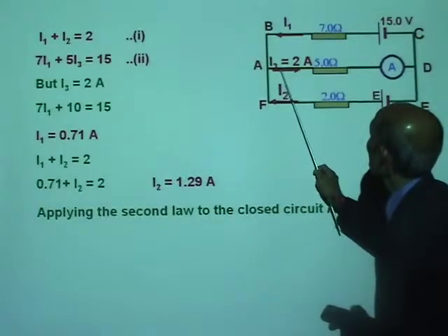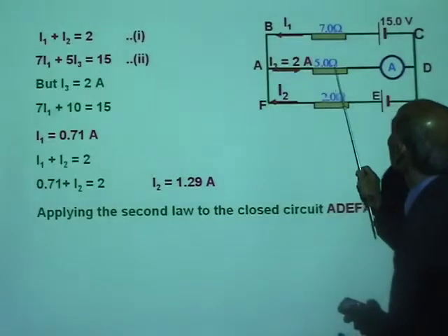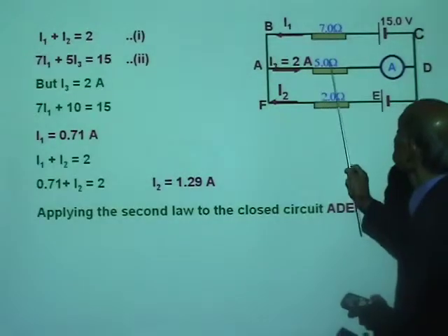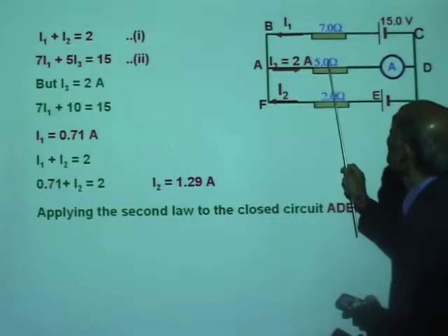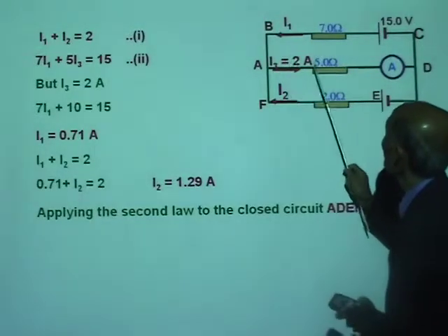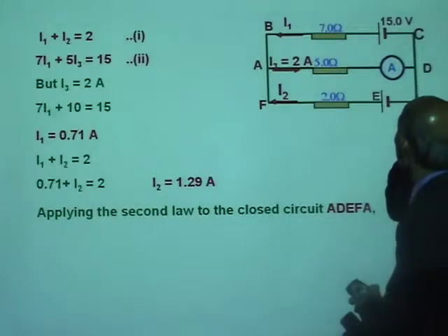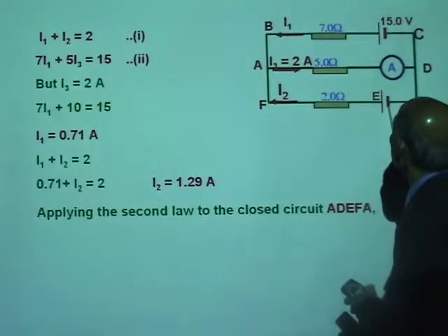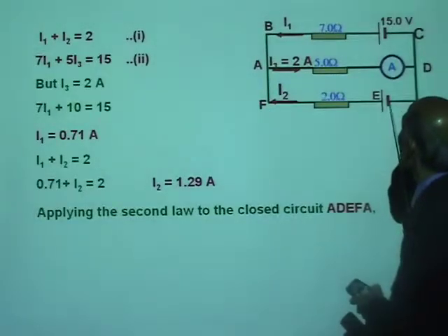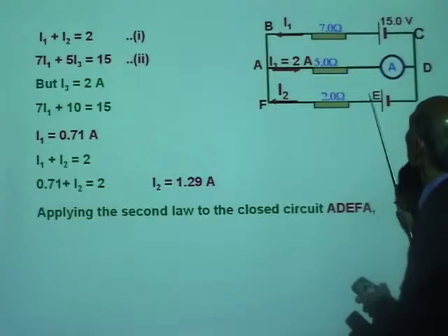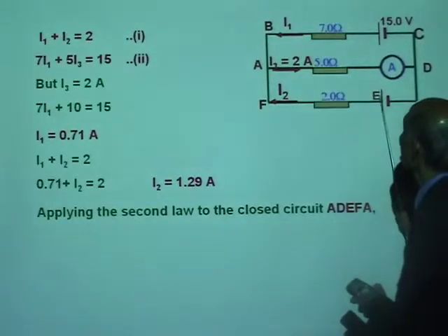The direction of the loop is the same as the direction of I3. The potential drop across the 5 ohm will be positive 5I3. Alright, now look at where the loop is going to come. In which direction is the loop going to be traced through the cell? From negative to positive. That means the potential drop across the cell now is negative E.